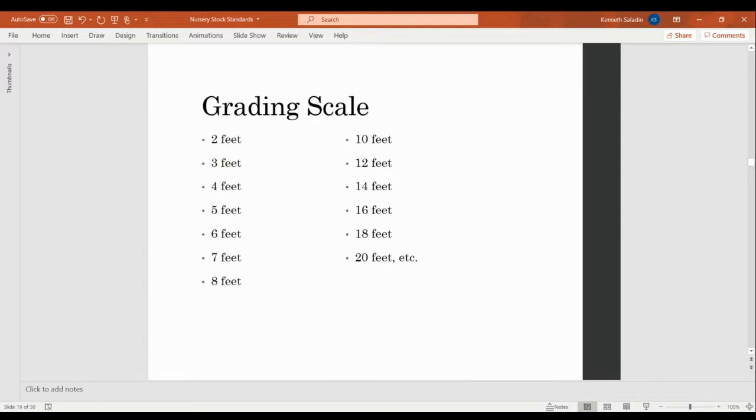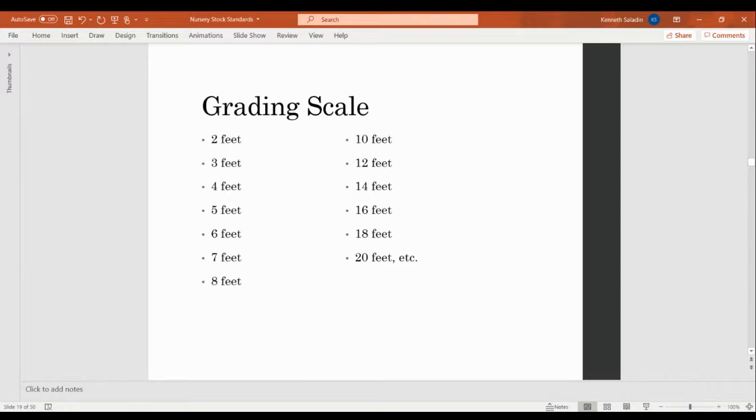So here's the grading scale for the multi-stem trees. And we said that multi-stem trees are graded by height, not by caliper.